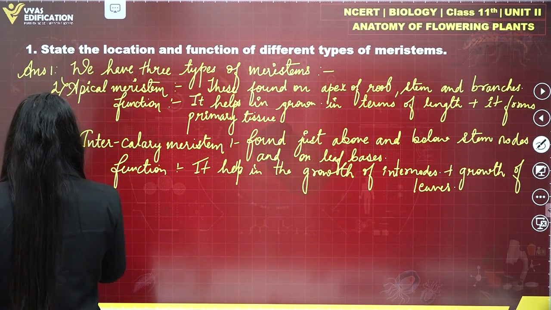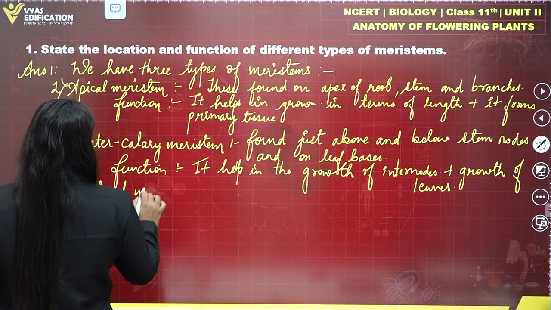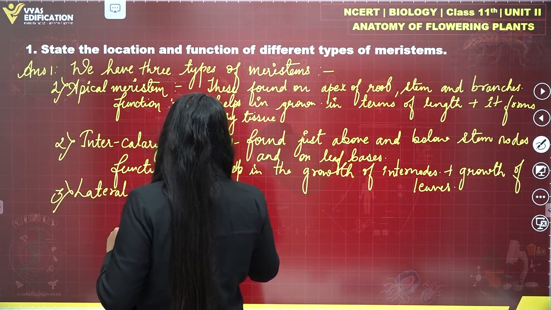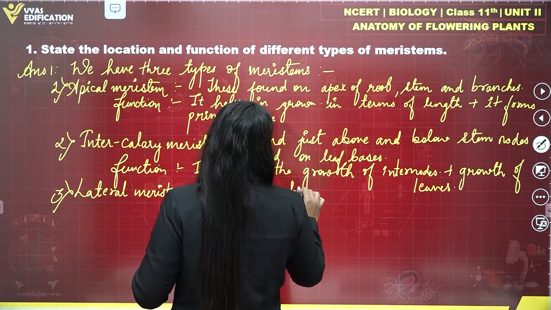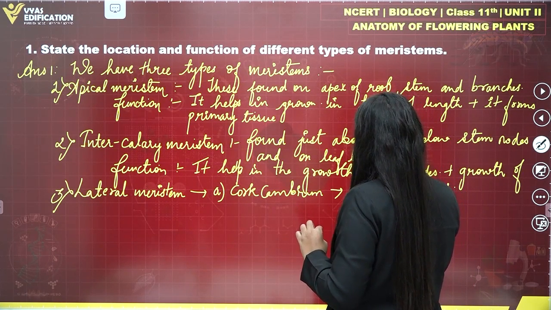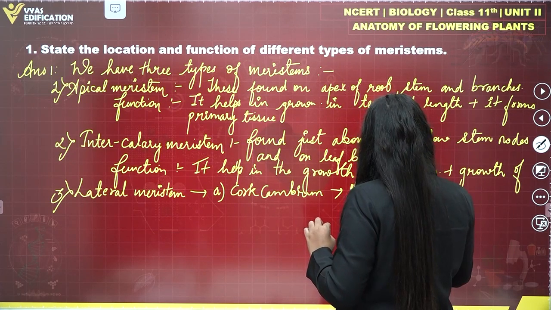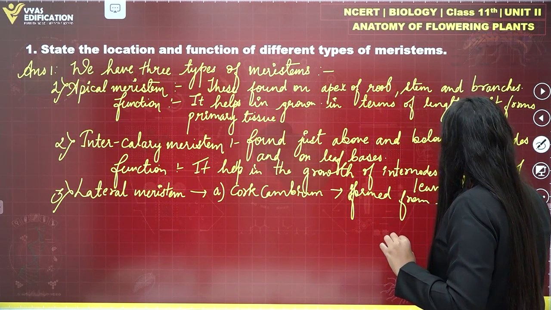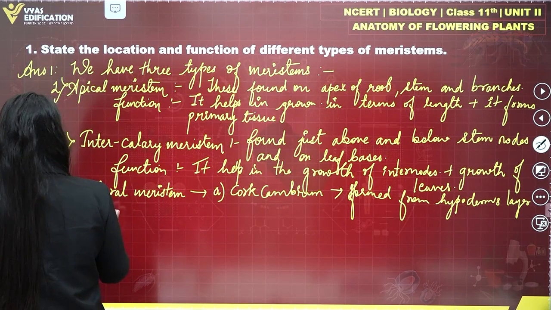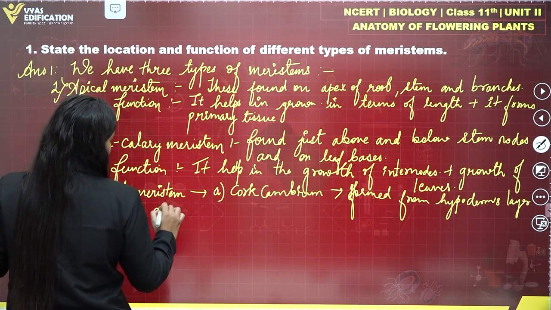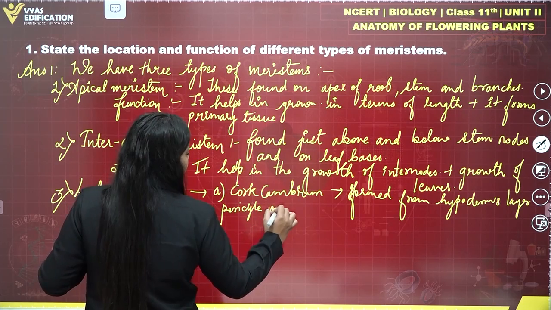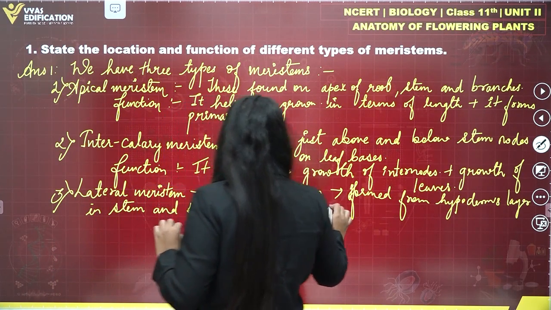So the third one we have is lateral meristem, in which we have A, that is cork cambium, and this is formed from the hypodermis layer in stem and from pericycle in roots.